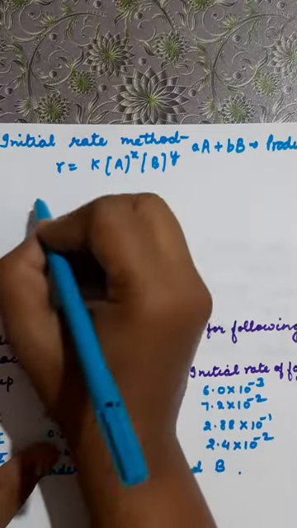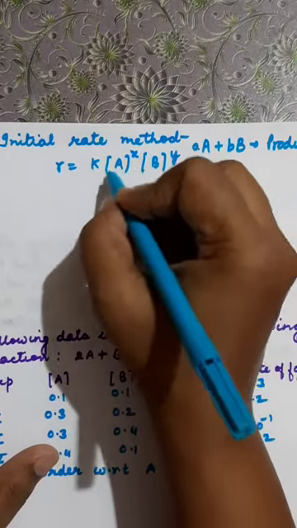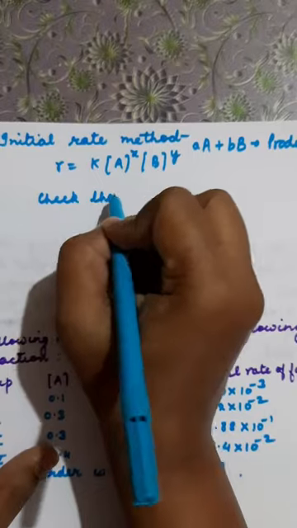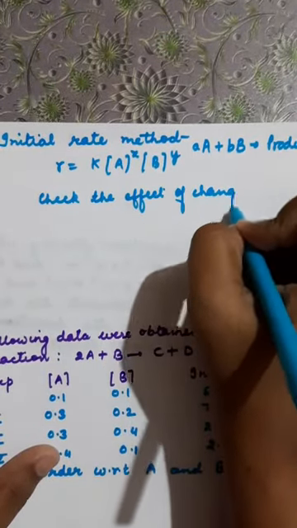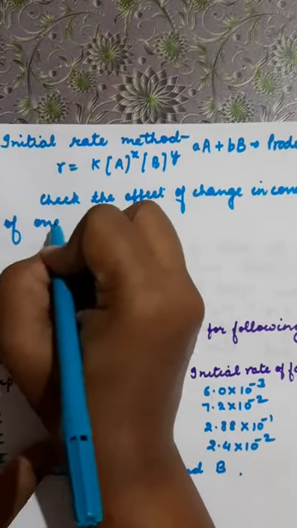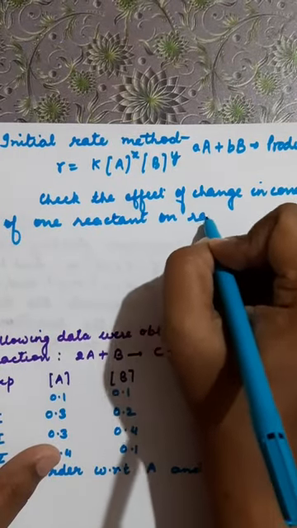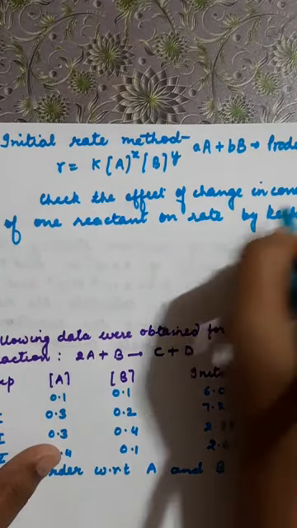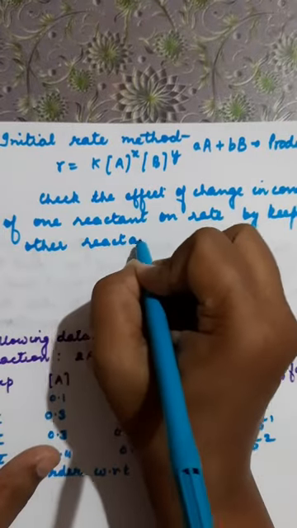Now what we will do, we will find out the dependence of rate on the concentration of one of these. So we will check the effect of change in concentration of one reactant on the rate of reaction by keeping the other reactant concentration constant.